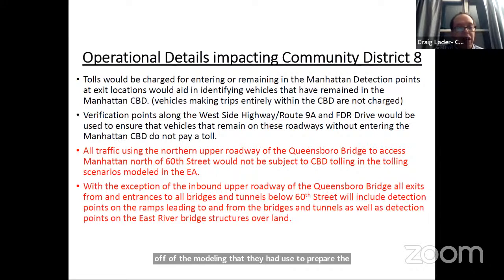But besides those inbound upper roadway exits, everything else going to and from the bridge will have the toll infrastructure. So when we talk about detection points on ramps, we're talking about the overhead gantries and cameras that are going to be able to record E-ZPasses and take photos of license plates to be able to toll. All right, next slide, please.